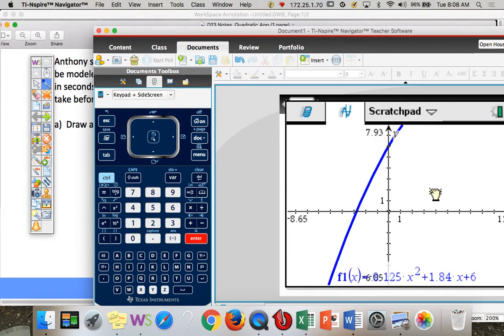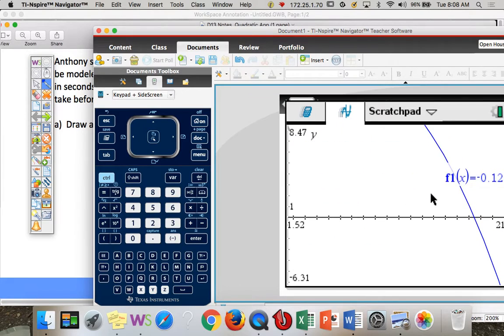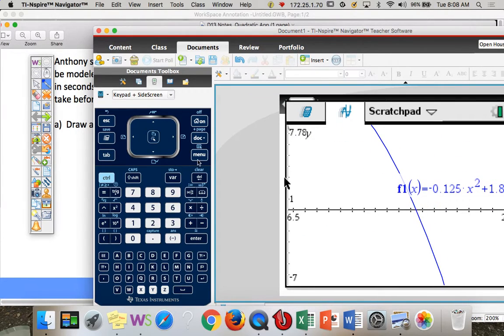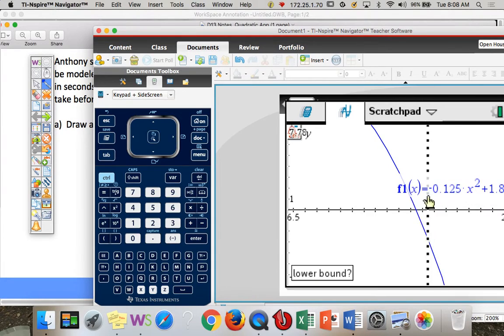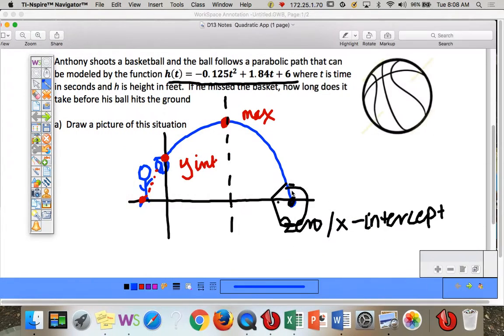We'll graph it so we can see one of our zeros here. Here's the other one. Let's calculate by going to Menu, Analyze Graph, and we're looking for a zero here. Yep, you can see that the math was right. It was about 17.5 seconds. All right, and the reason why we get two answers, one is negative. We don't look at that one. We're looking at this one right here.